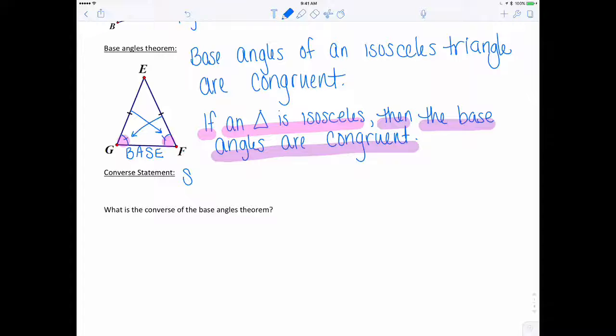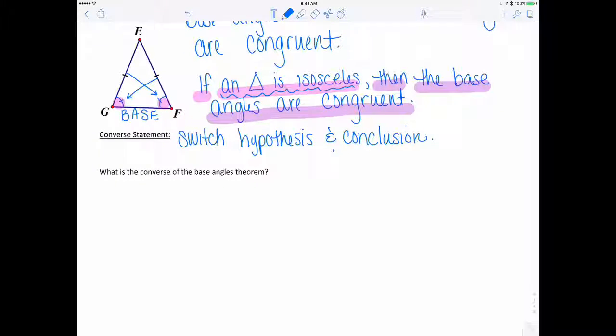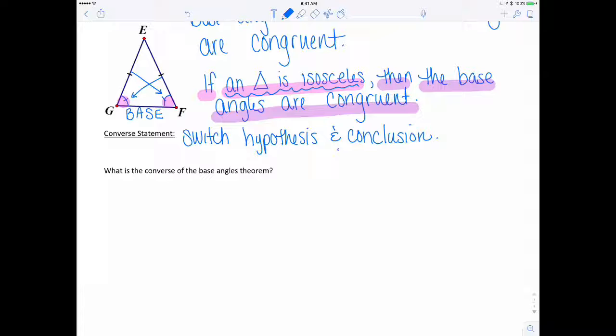A converse statement is when you switch the hypothesis and conclusion. And we are using the word hypothesis differently from the way we use it in science class. The hypothesis in math class is the stuff that follows if. Alright, so if I wanted to form the converse of the base angles theorem, then I'm taking all of this right here, which is the hypothesis, and I'm switching it with this right here, which is the conclusion.